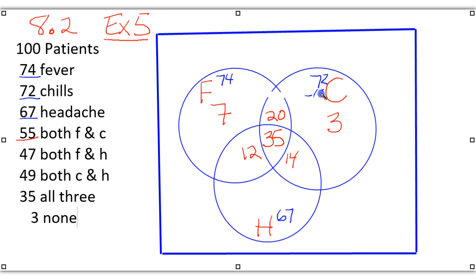I can erase this now. And I just need to know this. So I'm going to add the 12, the 35, and the 14, and get 61. That I'll subtract here and get 6.